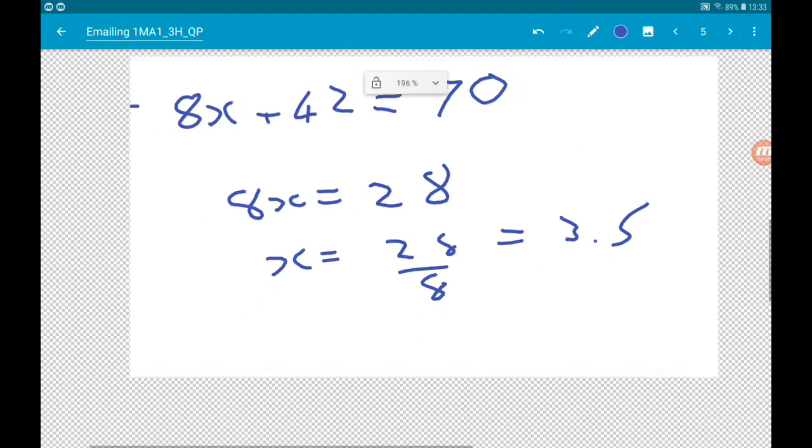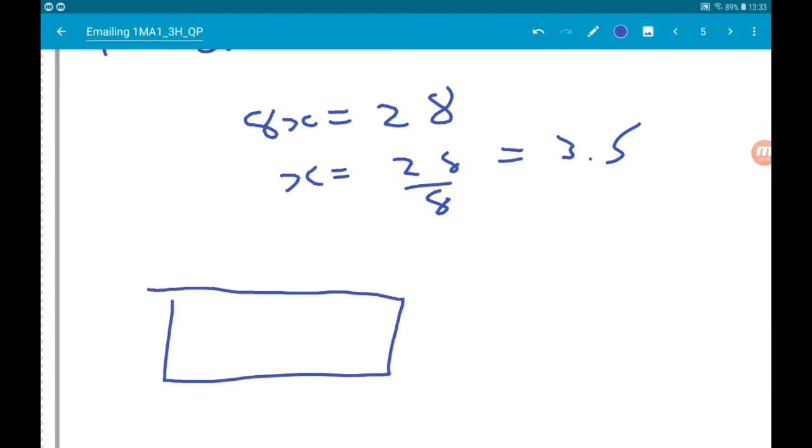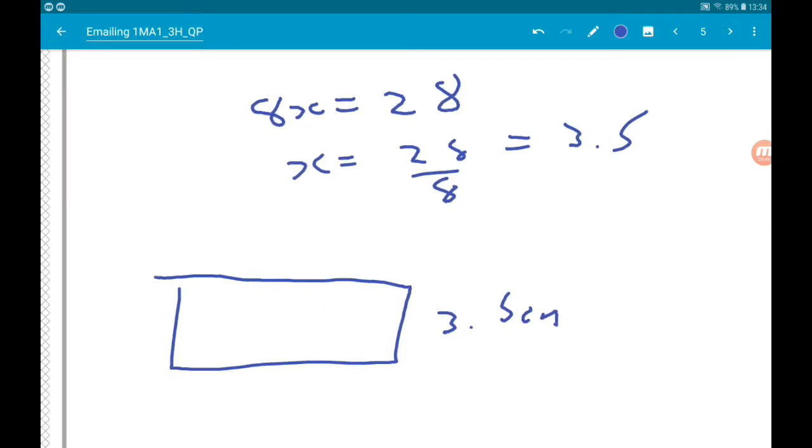So now we know that the rectangles have dimensions 3.5 centimeters by 10.5 centimeters.